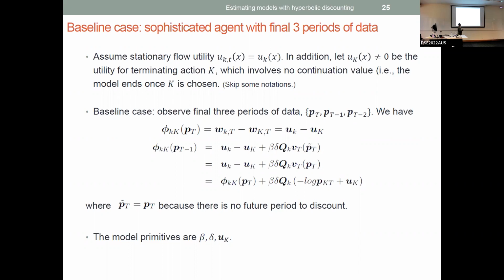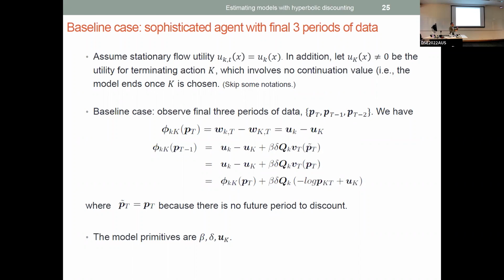So this Q times V we have seen numerous times in previous slides. And here, V_T is expressed as a function of P_T tilde. That's your perceived. So the intrapersonal game is still at play.